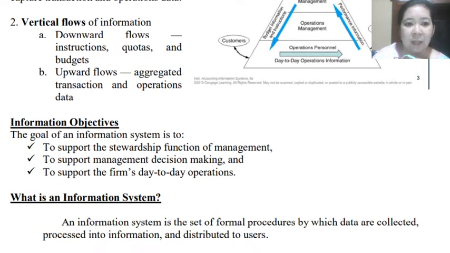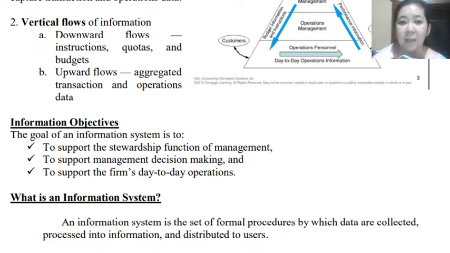So what are the information objectives? Basically, we have the information system because it will support the stewardship function of the management. Of course, as we all know, even in other fields, information is very important. This can be in the form of reports, financial statements, and others.